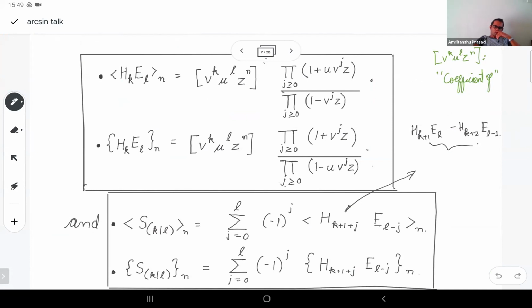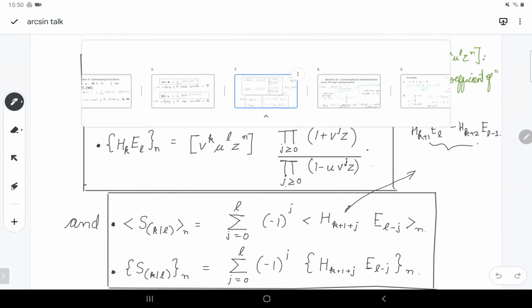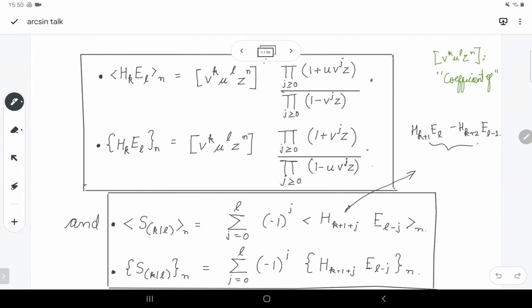K plus L plus 1 is the largest one. So the final term will be negative 1 raised to L, H of K plus L plus 1, E of 0. Okay, thank you.